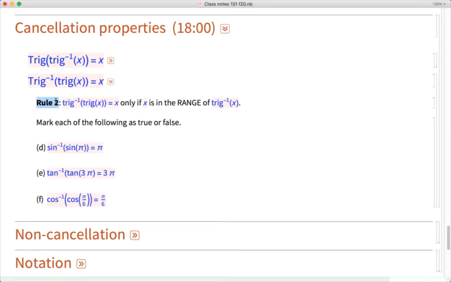The thought here is that we've decided what the output for the inverse function should be. So if this number x isn't in the range for the output function, the answer can't possibly be right. All right, so this time again we're looking at the range.